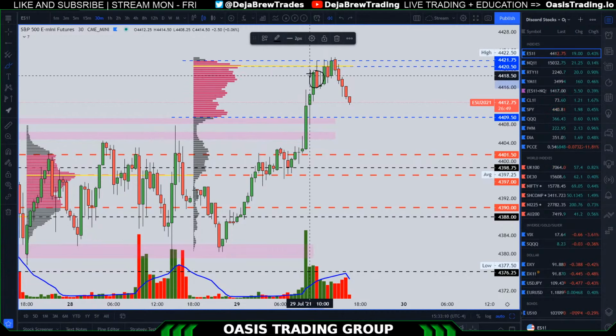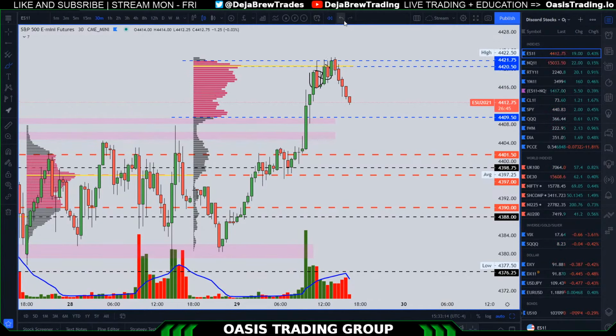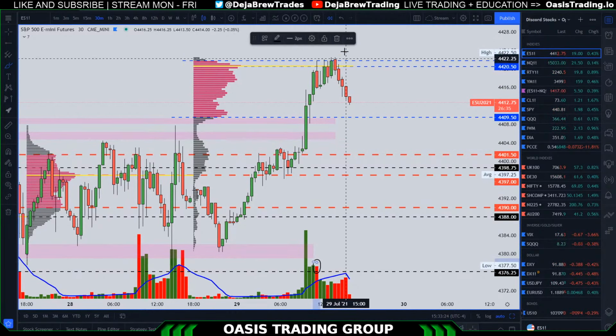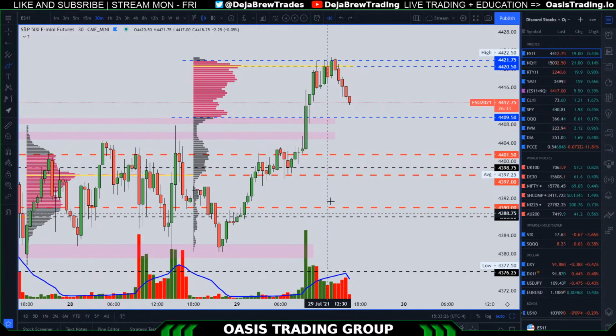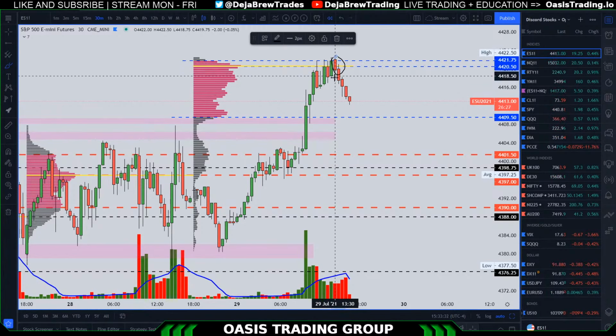You went up, you sold off, you went up again, you sold off, you went up again, you sold off. So those selling candles there are not really scary because all of them have low volume, except for this one. This one has pretty strong volume. You can see the volume down here. That one has pretty decent volume.